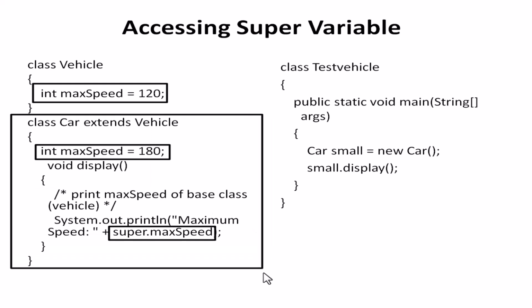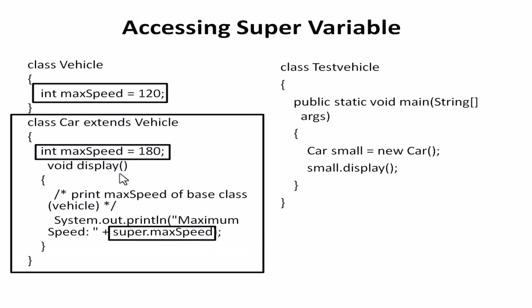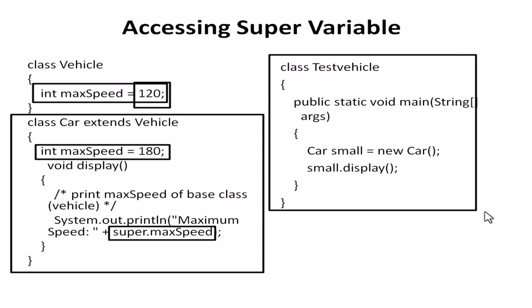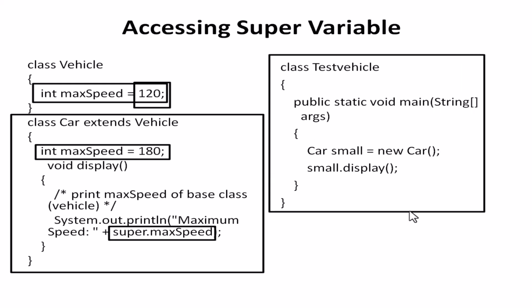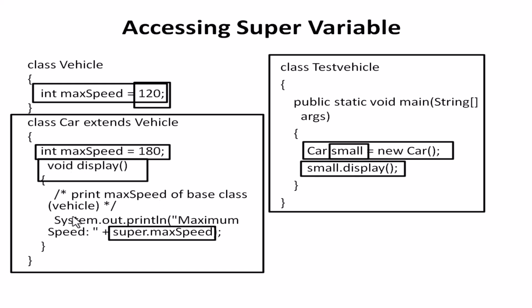So super.maxSpeed means it is going to call the max speed 120, which is in the parent class. Class test is a vehicle, so which is going to call the method. Car small equal to new car. Small is an object. By using small.display, we are going to call the display for car. So this method will be invoked. Now here it is going to print super.maxSpeed, which is 120.